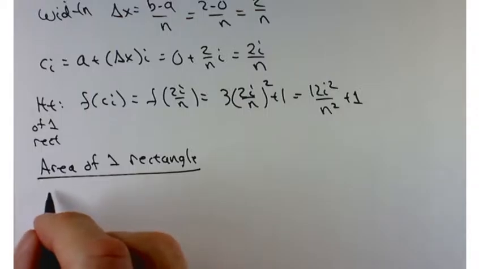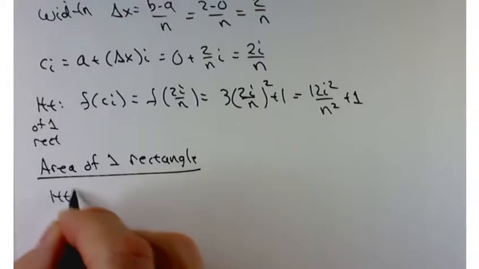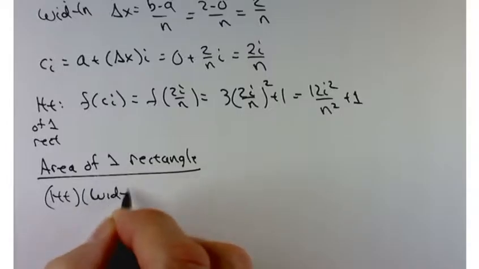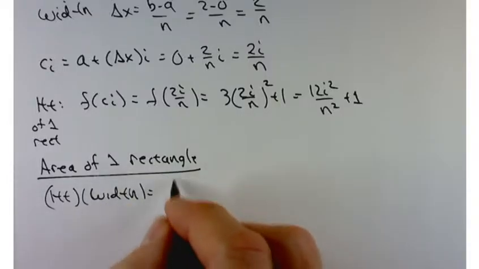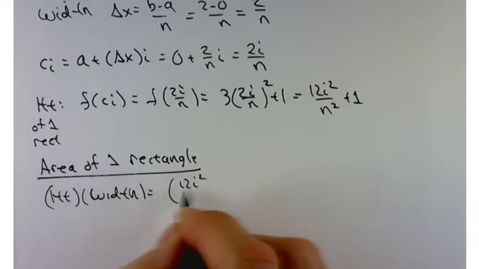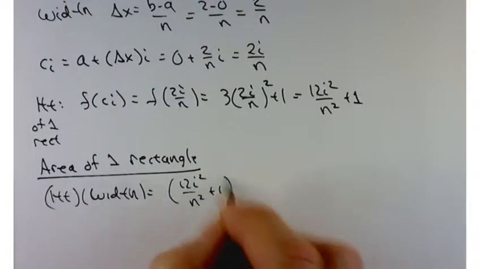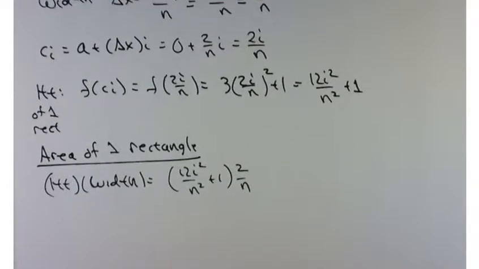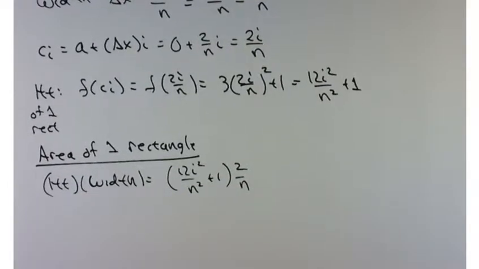Let me do it that way. So height times the width, which is going to be 12i squared over n squared plus 1 times 2 over n. So that's the area of one of those rectangles.